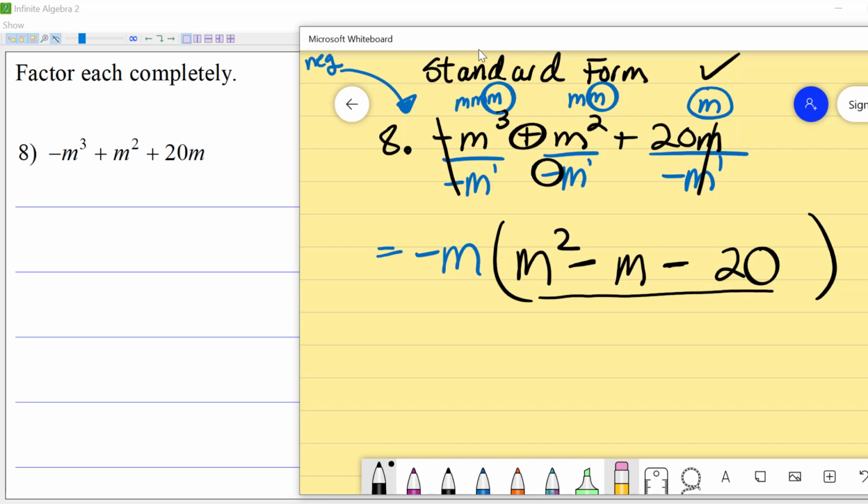Now you have to try to factor what's inside. It will not always work, but you definitely have to try it. So I'm going to do the X method, and then I'm just going to work it out. There's that invisible one, so I have that invisible one here.